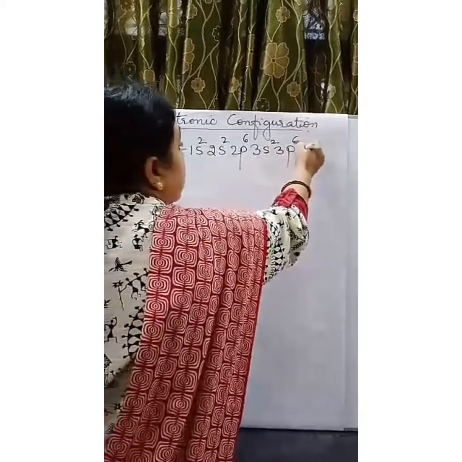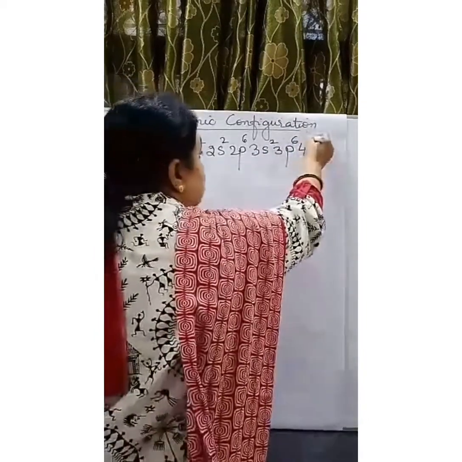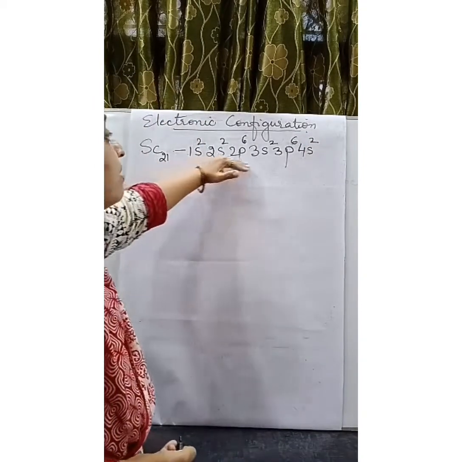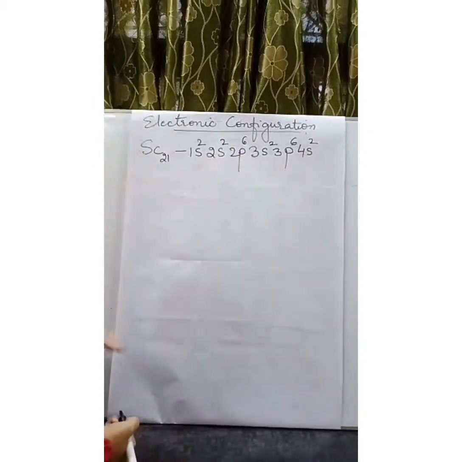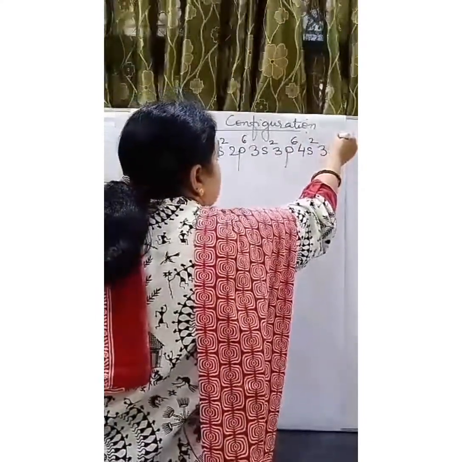After 3p, the electron goes into the 4s orbital, because 4s is lower in energy compared to 3d. So now we have filled 20 electrons. One more is left, which is going to go into 3d.